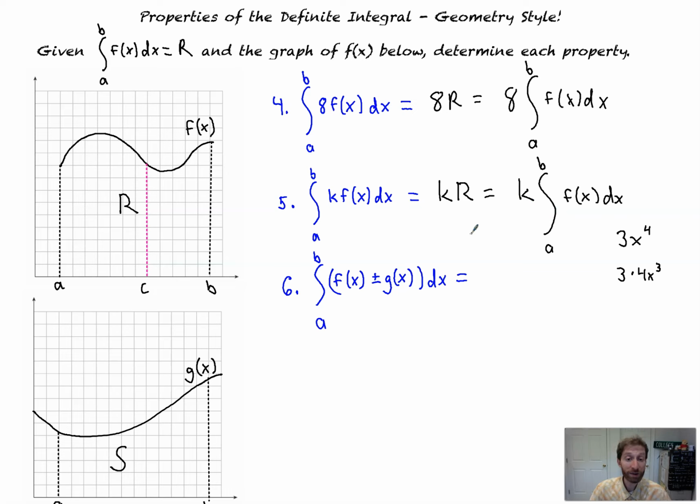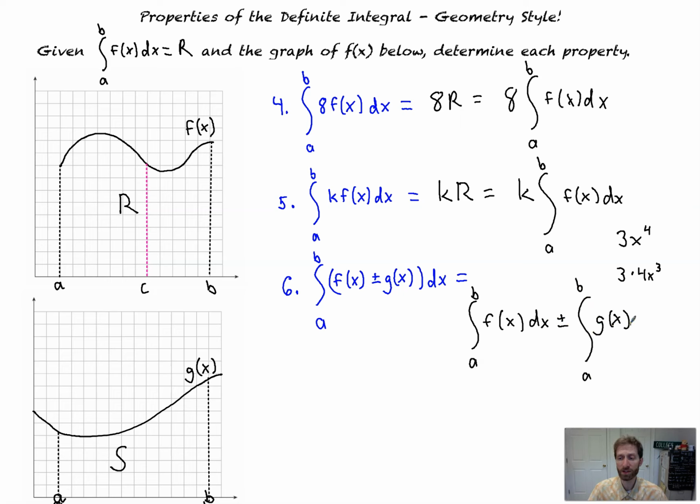All right, last but certainly not least with all of this, and some of this kind of fell off the screen here, but this is the a value there, and that's the b value there. I've given you now 2 functions, a function g of x and a function f of x. And the question becomes, what happens if I add or subtract f of x and g of x? Well, what I can then do is split up the integrals. I can write it as the integral from a to b of f of x dx plus or minus the integral from a to b of g of x.